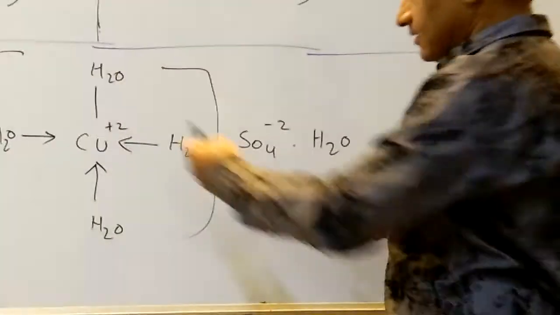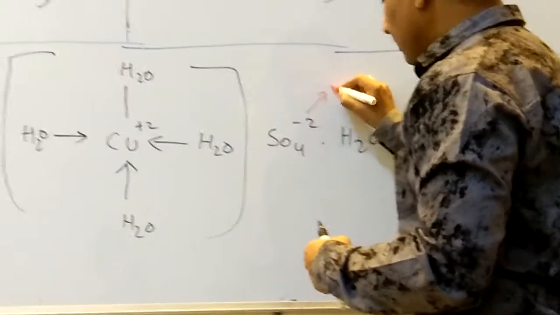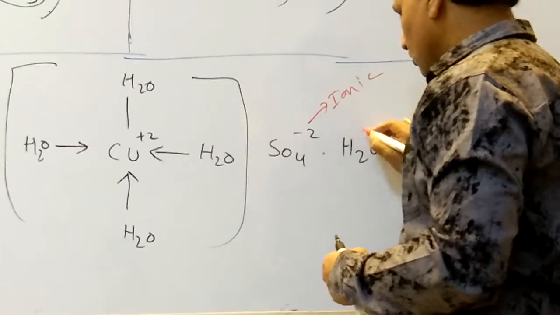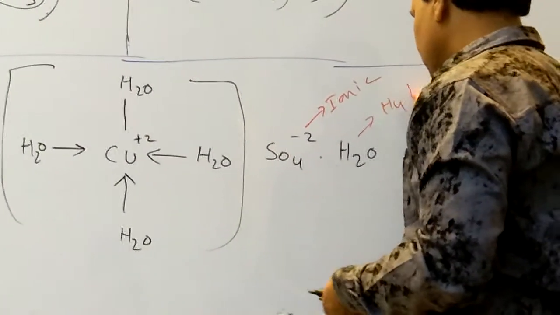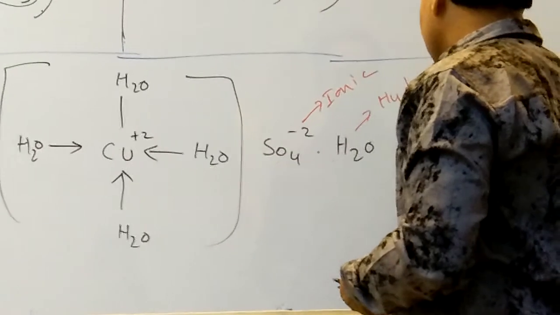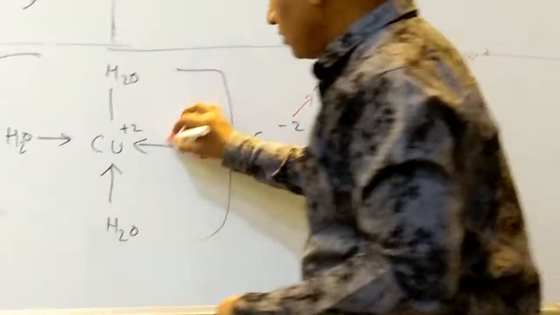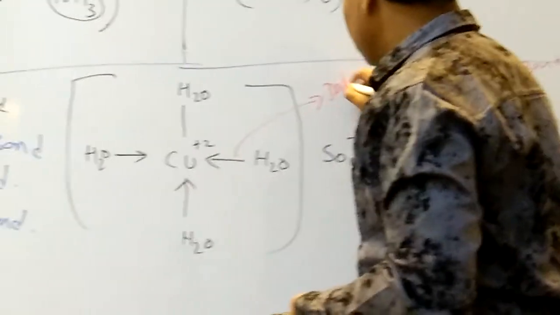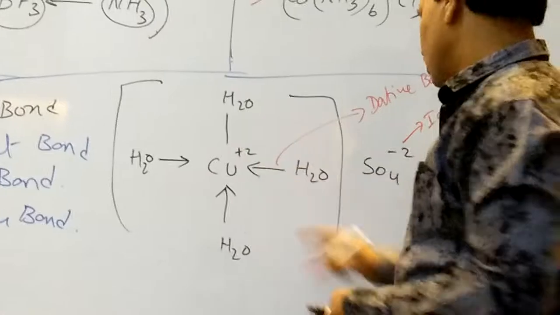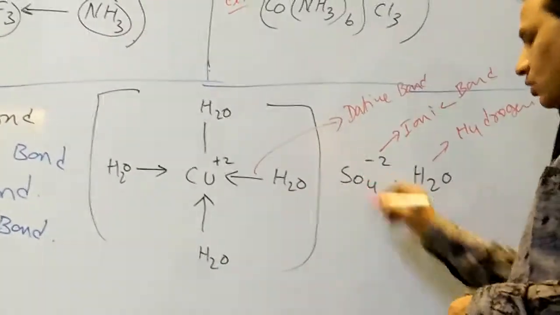So this plus and minus is ionic bond, water is hydrogen bond, arrow is dative bond, H2O and sulfur contain covalent bond.